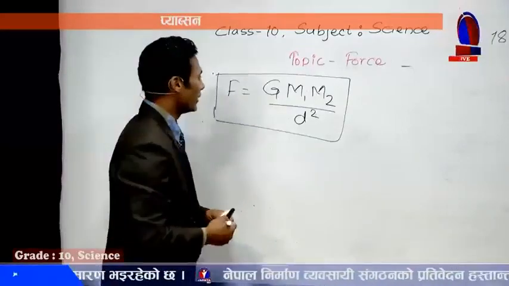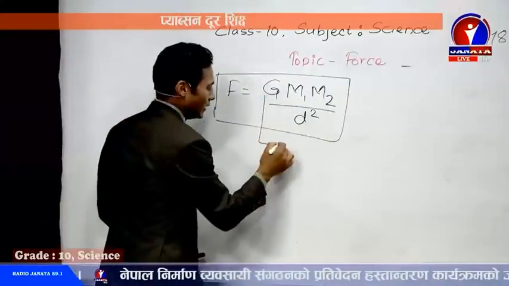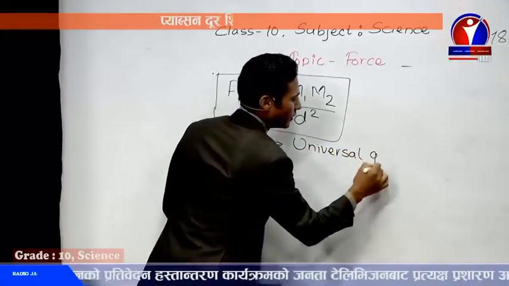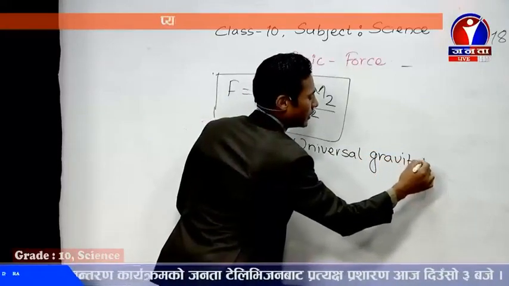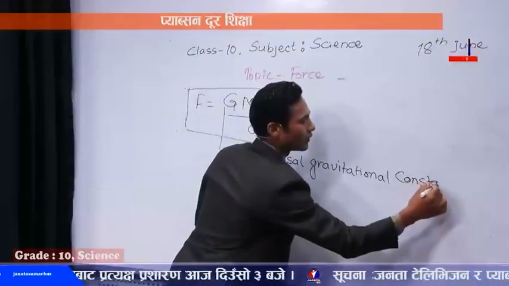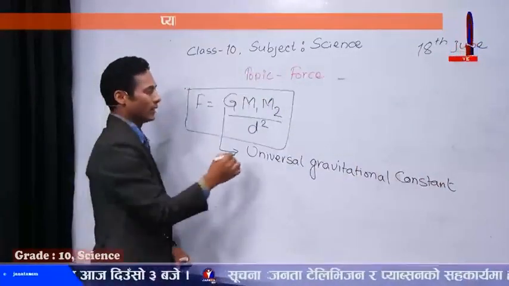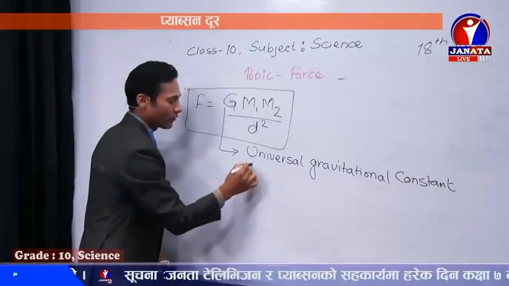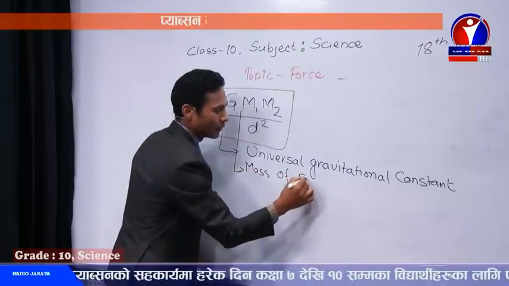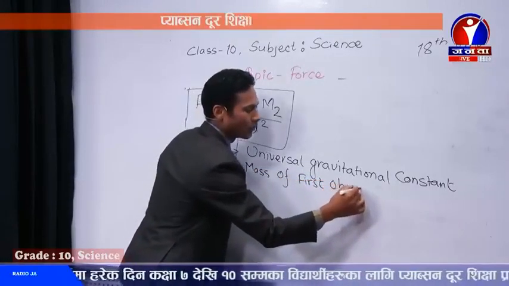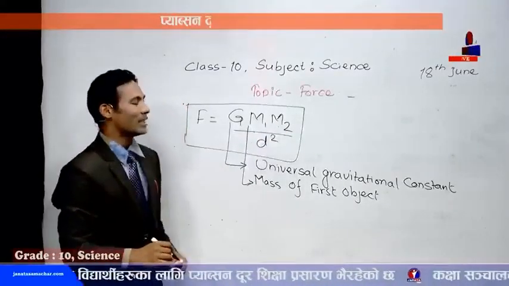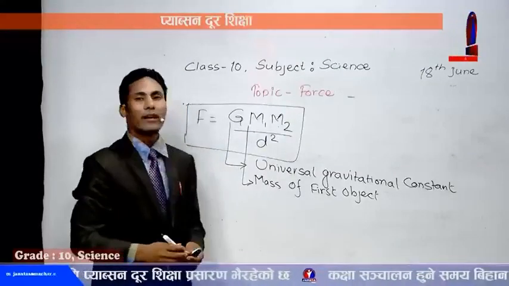Here remember that this G is the universal gravitational constant, m1 is the mass of the first object, m2 is the mass of the second object, and d is the distance between them from their centers.